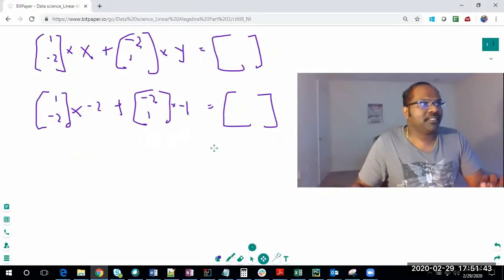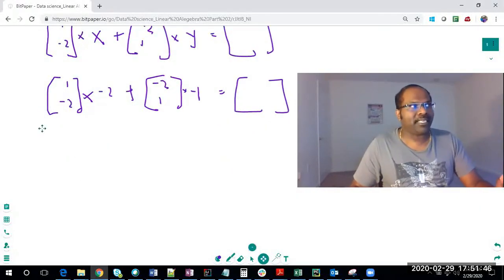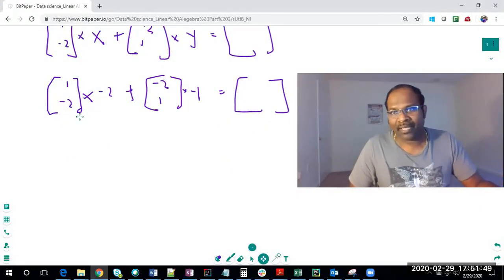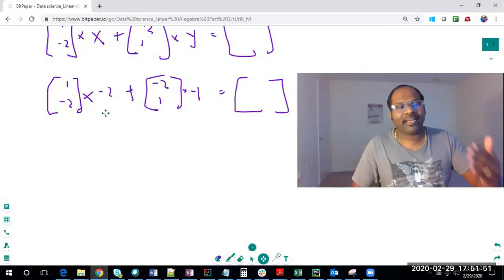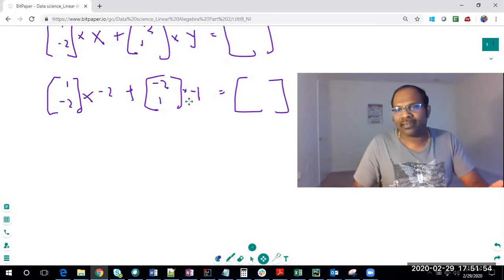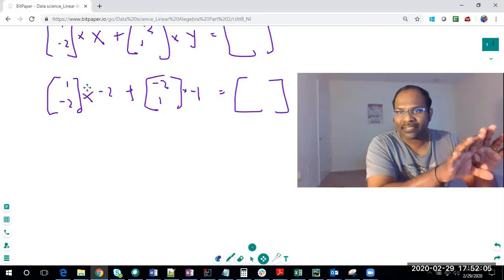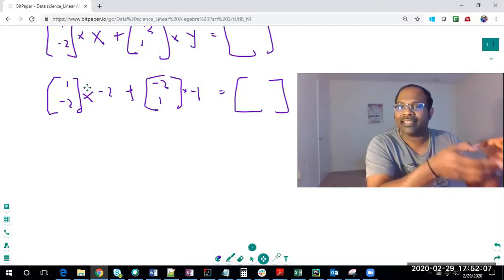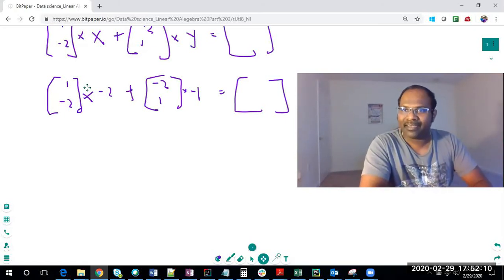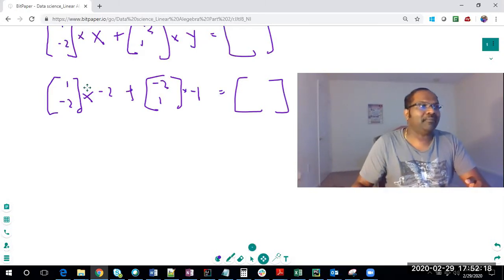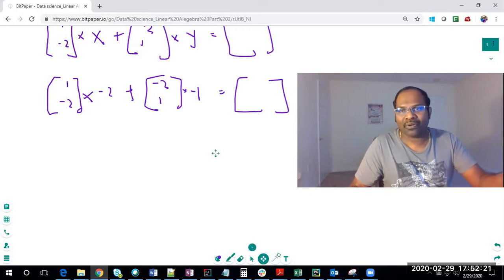So that means the left side is a vector 1, minus 2, multiplied by minus 2, then added to another vector, minus 2 and 1, multiplied by minus 1, and we are trying to find the value here. Let's try to draw this vector. So what we did till now is put the equations into matrix format, and that matrix we divided into two vectors and try to find its coordinates through x and y, which is called the column representation, right? So let me try to draw x and y here.